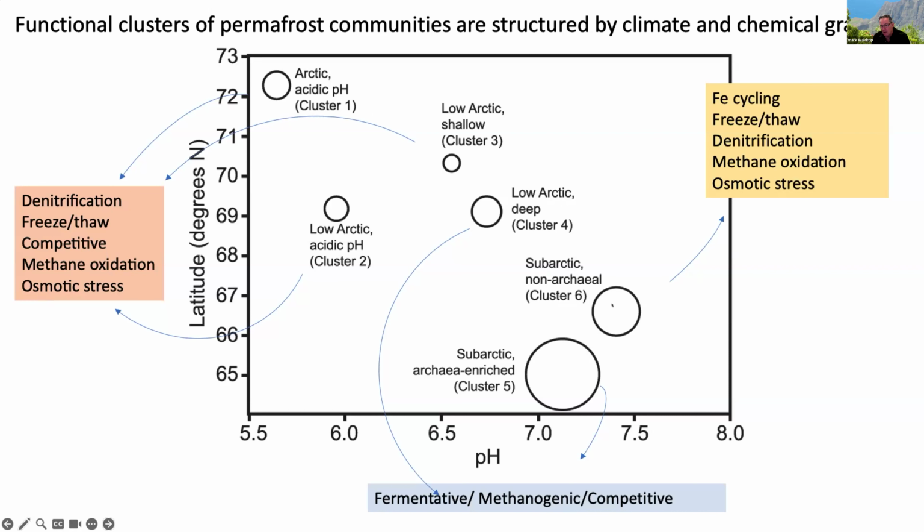And then this one, cluster 6, is the one that had functional genes reflective of iron reduction. And this is typically from deeper soils where there might be more mineral content and more iron.